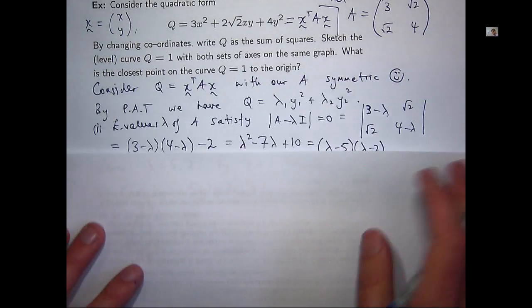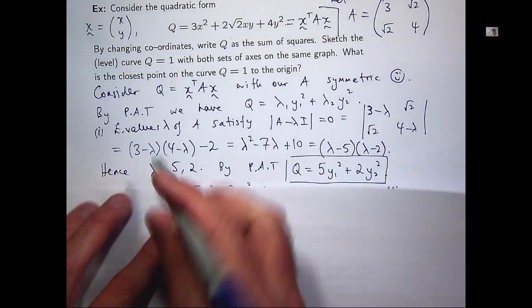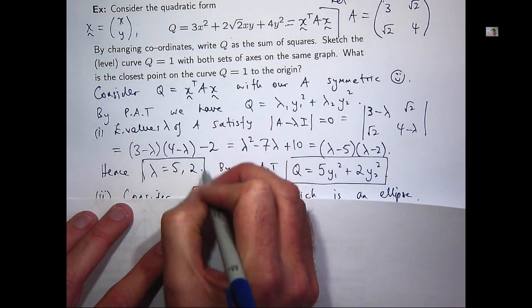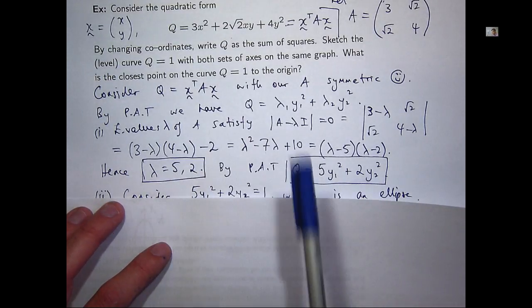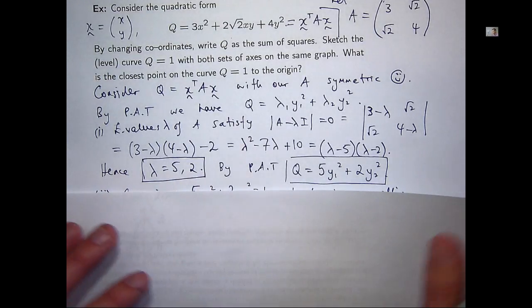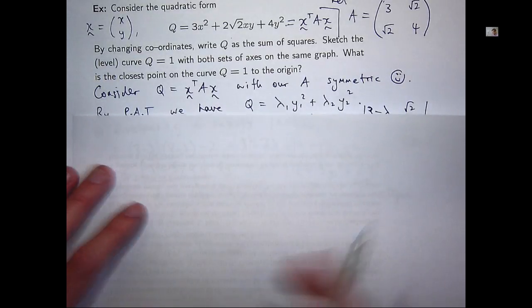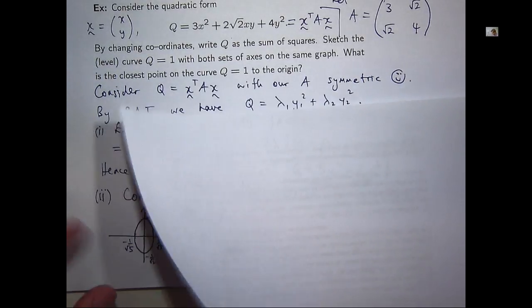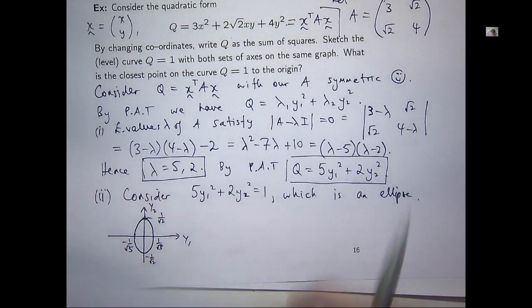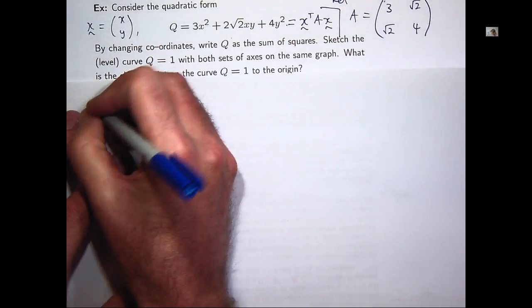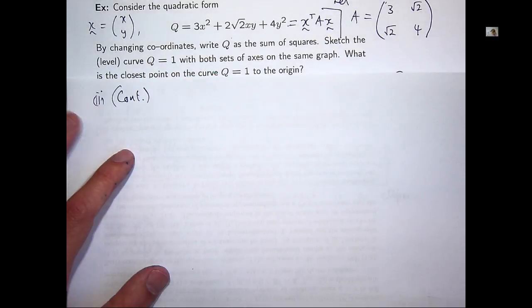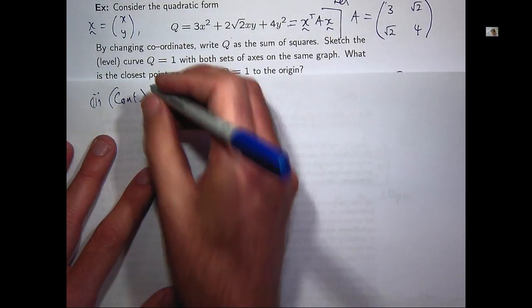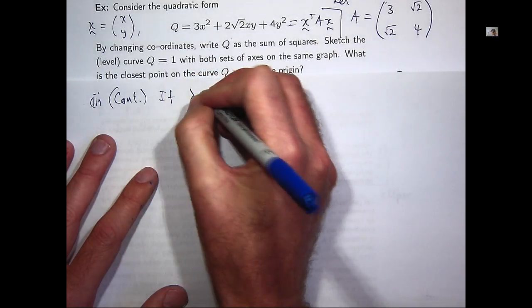So I've got my eigenvalues. What I want to do now is separately compute the corresponding eigenvectors for lambda equals 5 and lambda equals 2. This is a continuation of what's going on here. So 2 continued. So let's just take, say, lambda equals 5.